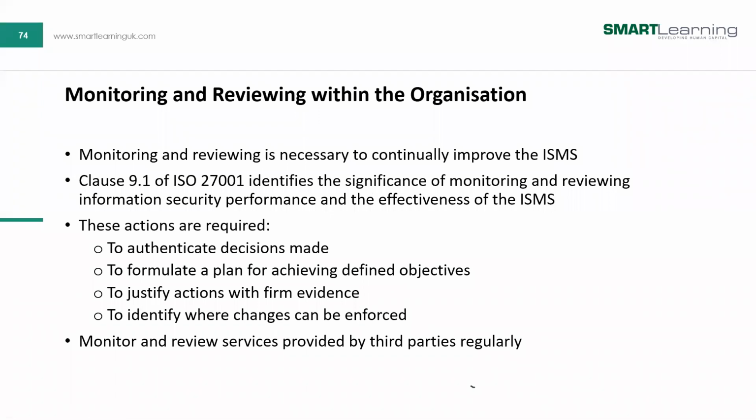So clause 9, the check part, monitoring and reviewing internally. To continually improve, it means you must know what is missing if things go missing, or that there are things that indicate that things are either going well or not going very well. That's what we refer to as monitoring and reviewing. And we must do this monitoring and reviewing in series.